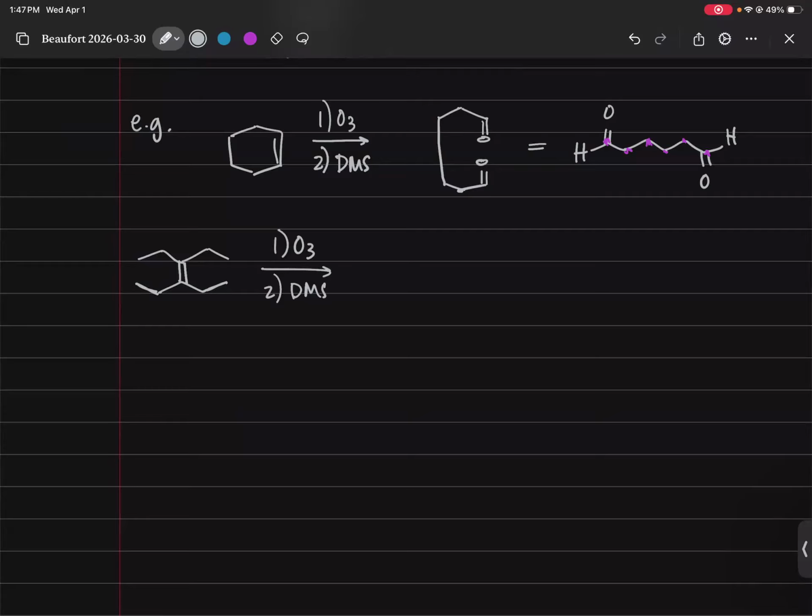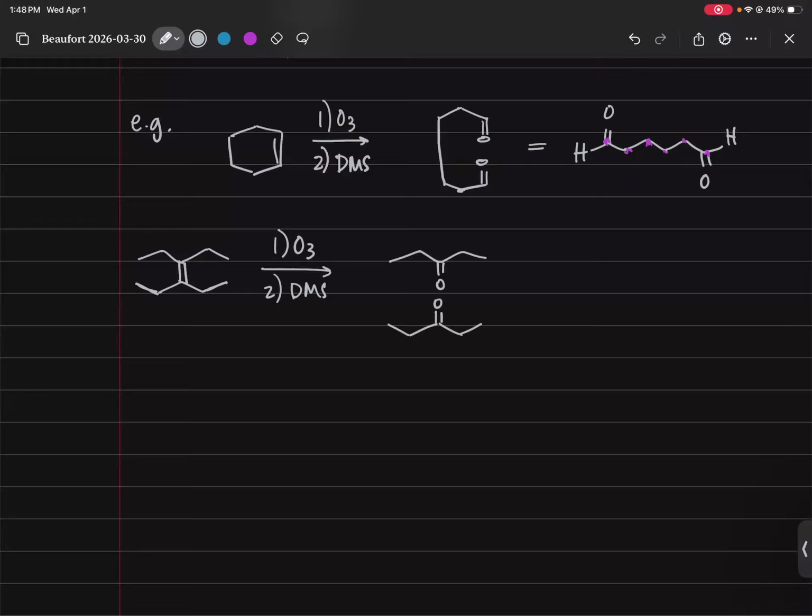Something like this. How many organic products do we get from this reaction? Stretch up the middle, right? And you can put that in. Yep. So we're going to get this and that.